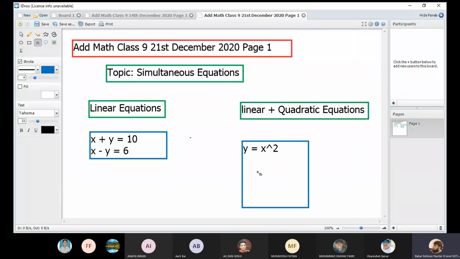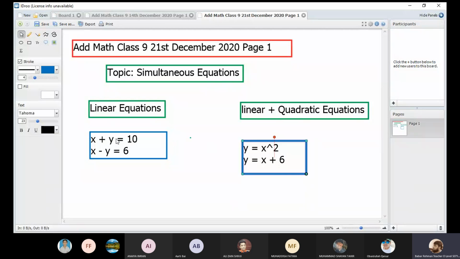And the second equation is y is equal to x plus 6.